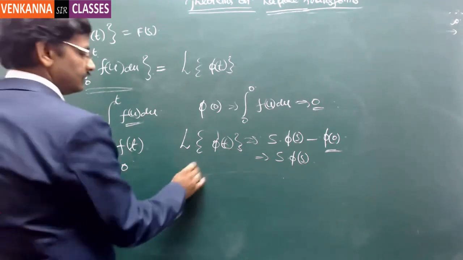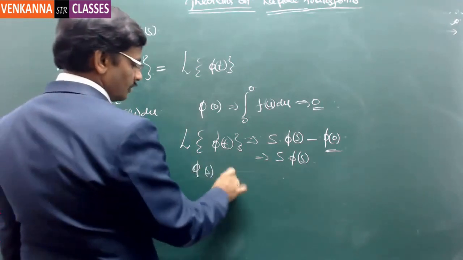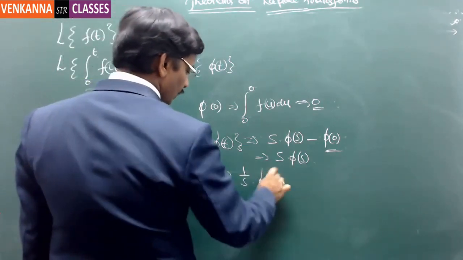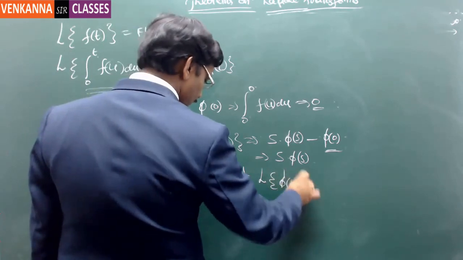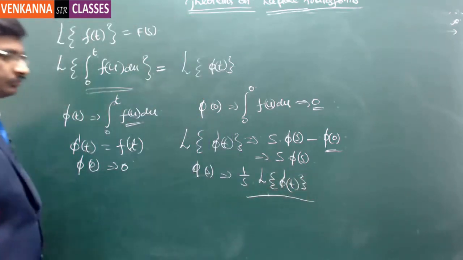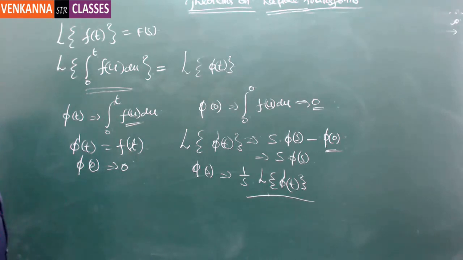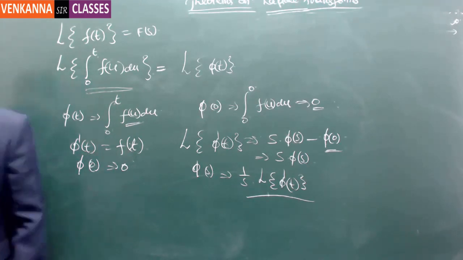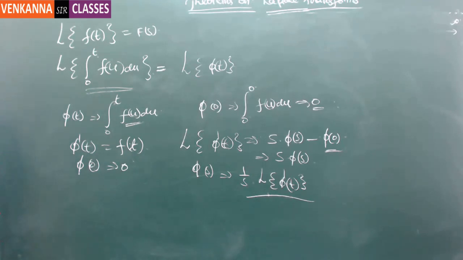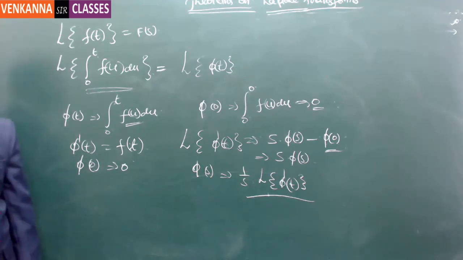So it implies phi of s is equal to 1 by s times the Laplace transform of phi dash of t. Got it? Understood or not?